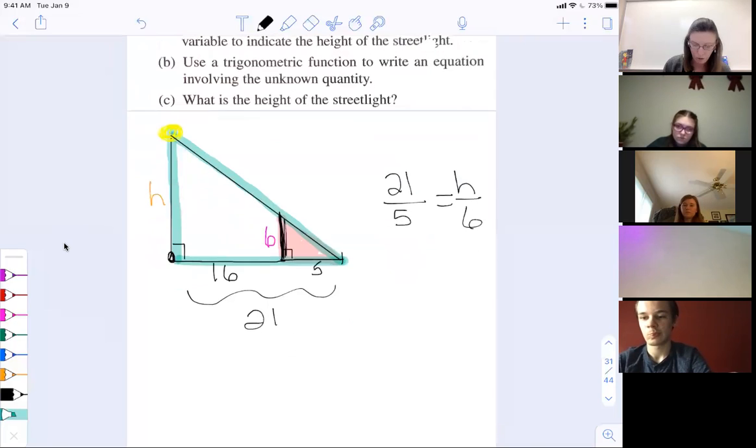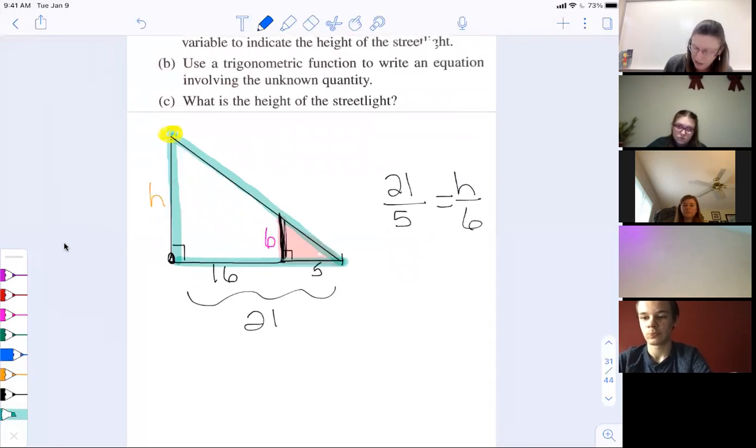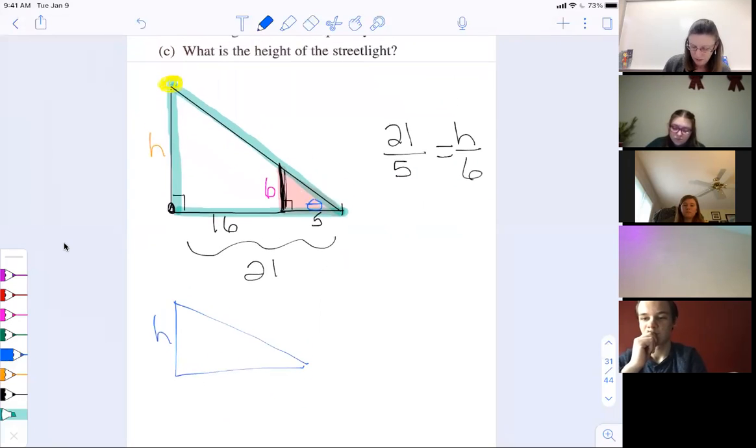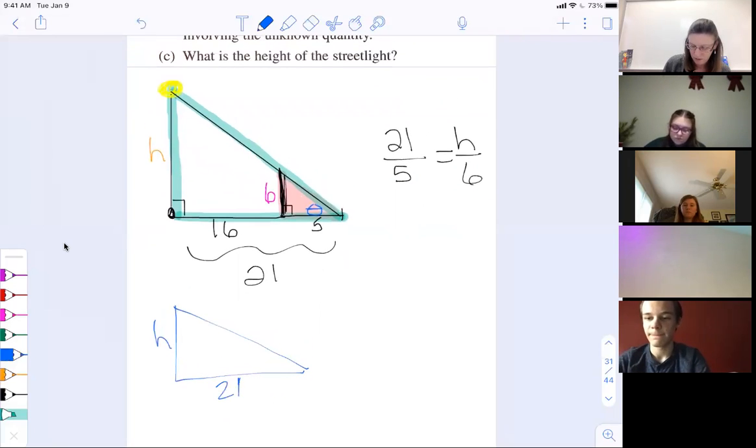Another way I could solve for h was to say, hey, there's really a little angle down here. And that little angle, if I look at the entire big triangle, would be represented by tangent because the height is the opposite and the base is 21.